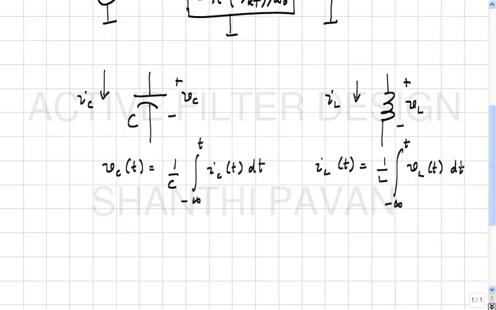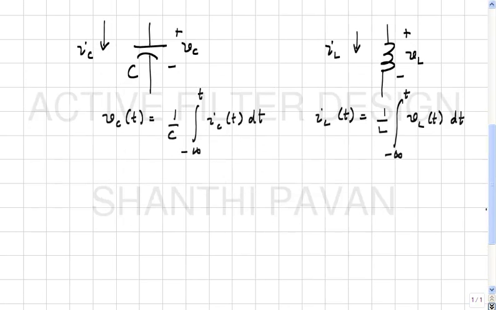Okay. So, if you want to make an inductor look like a capacitor, what do you need to do? You could, for instance, take a capacitor and put a magic box between.